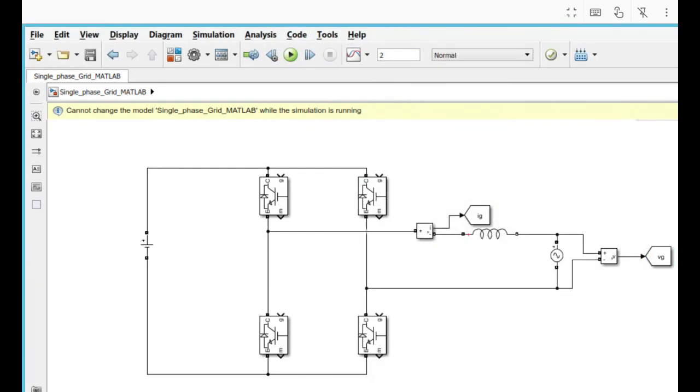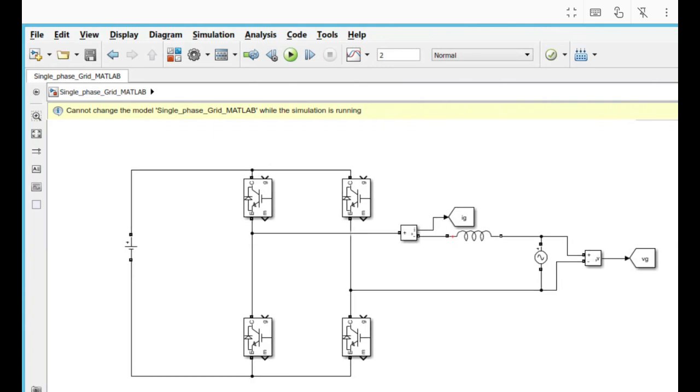So now this is the power circuit. Further, we need PWM pulses for the switches of the H-bridge inverter.